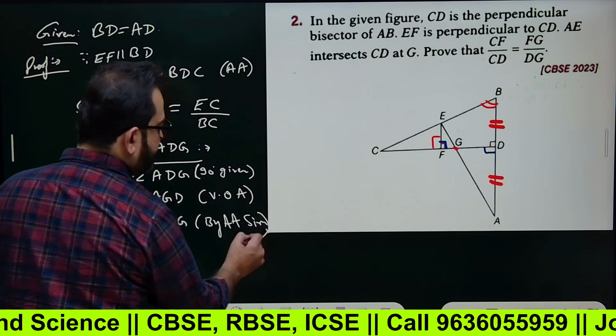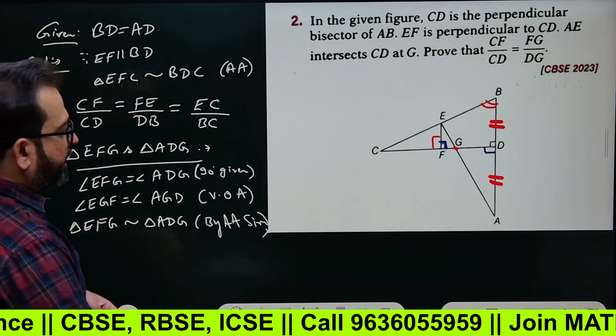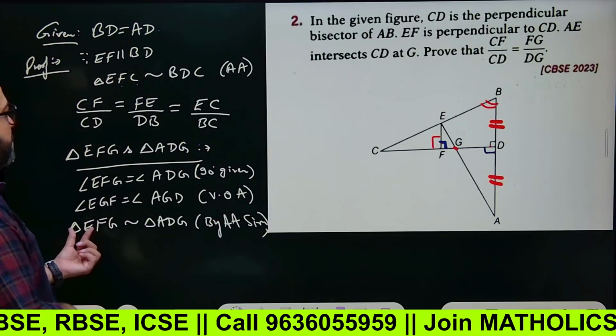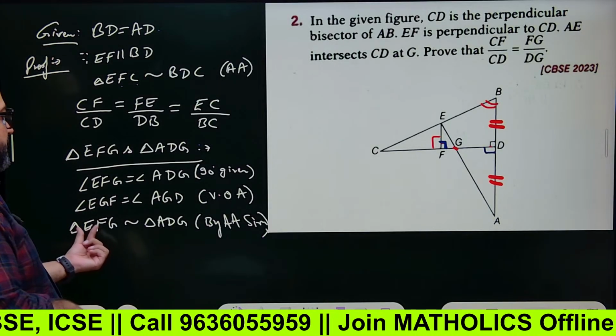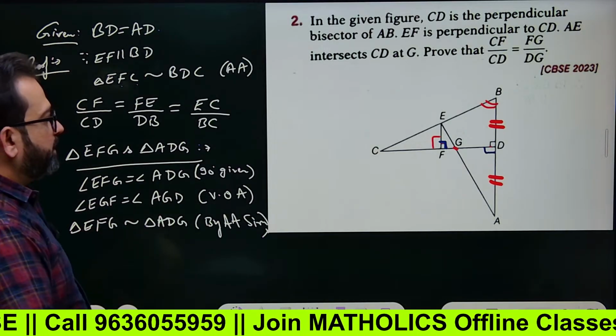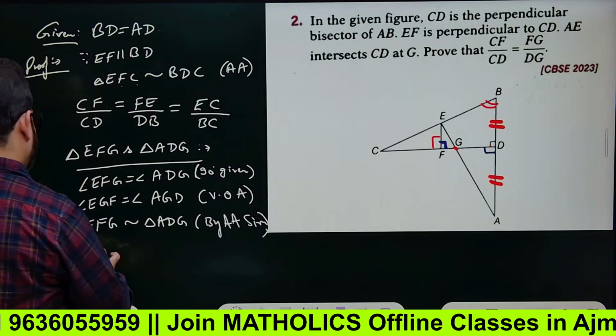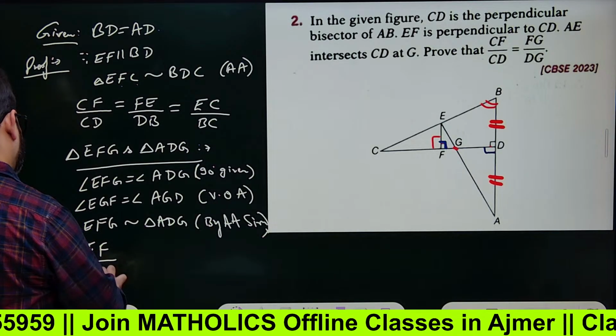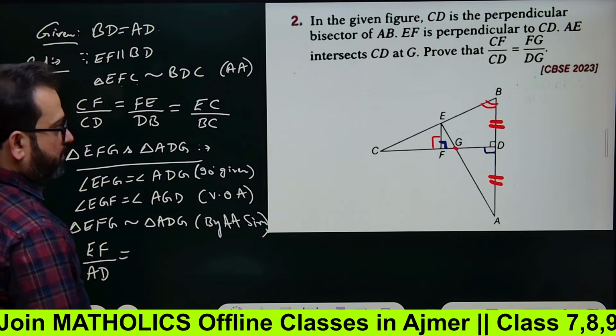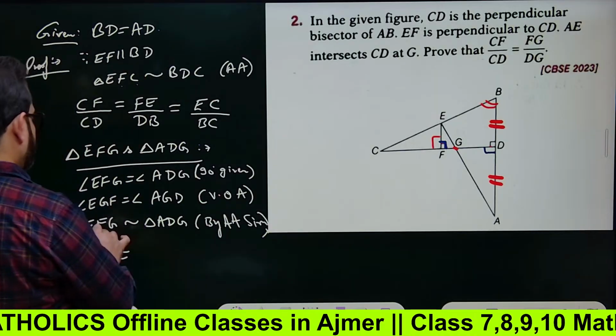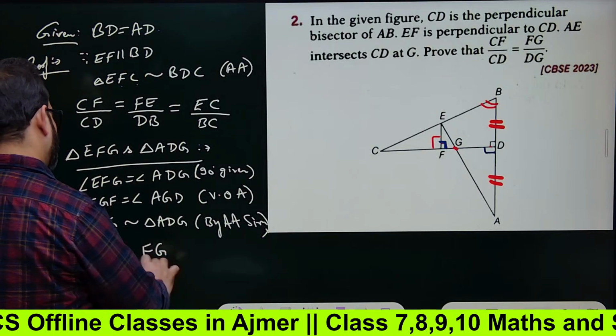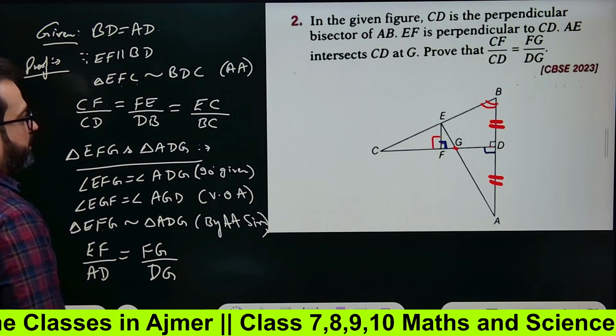These reasons you have to write. So I can write EF upon AD equal to FG upon DG.